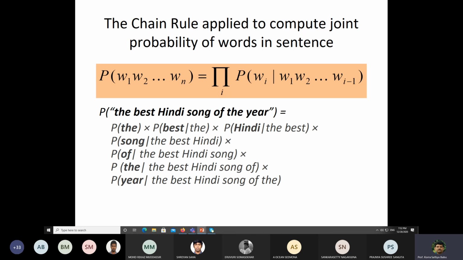So for example, what we have seen earlier, the probability of "the best Hindi song of the year" can be written in this fashion. As a practical example, the probability of "the" occurring as the first word, into the probability of "best" as the second word given the first word is "the", into the probability of the third word being "Hindi".